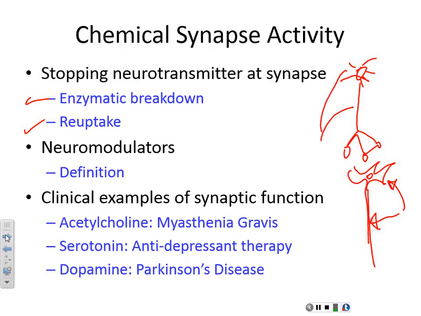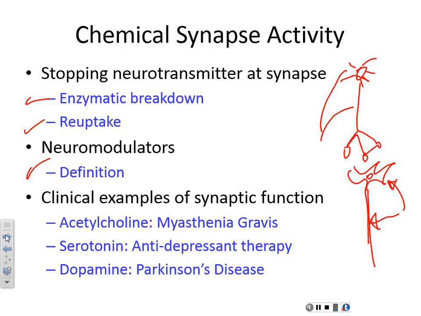So this is presynaptic modulation before the synapse, and this is postsynaptic modulation after the synapse. And then you can change what happens in the end result. You can either accentuate it or make it an even bigger response, or you can dampen it down. Okay, so that's neuromodulation.